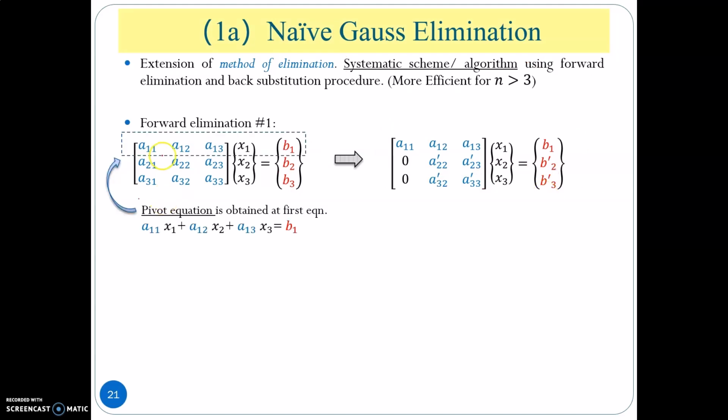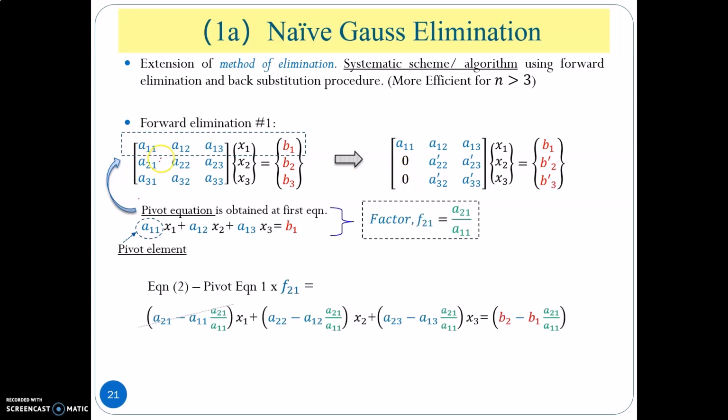First of all, we obtain the pivot equation from the first equation here at the first row. Then we obtain the pivot element to be A11 here, and this element can help to eliminate A21 and A31 into 0 later. To make A21 to be 0, we need the factor F21.